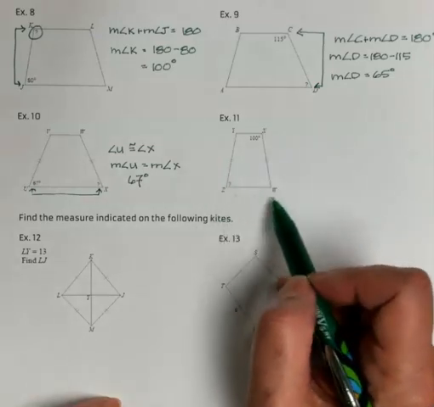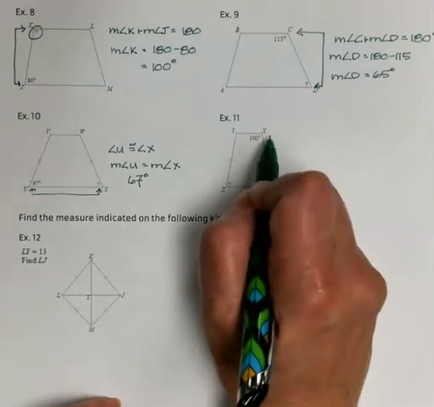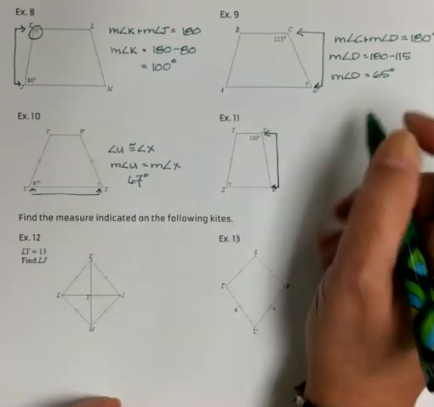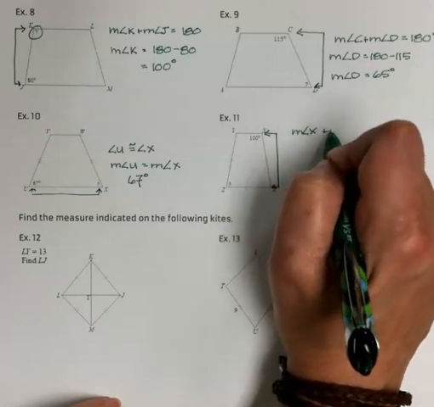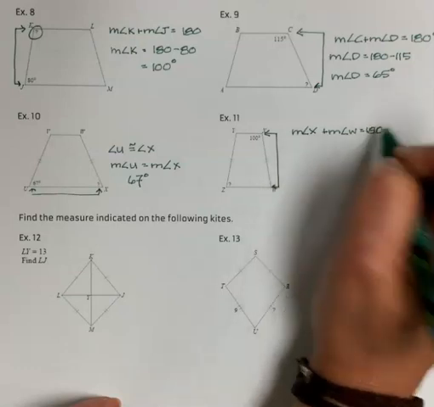When we have an isosceles trapezoid, it's going to be multi-step, or let me explain it in two ways. We know that the measure of angle X plus the measure of angle W equals 180.